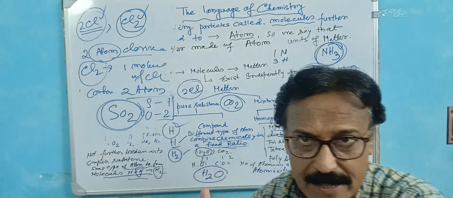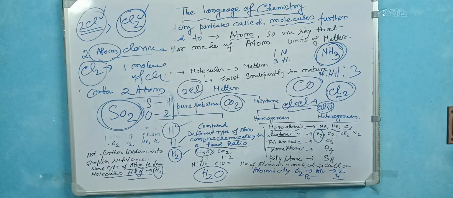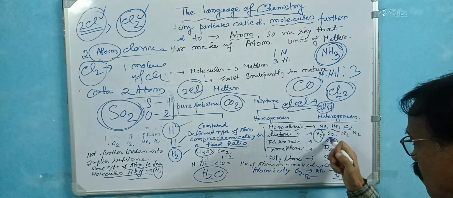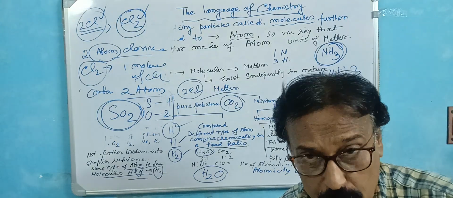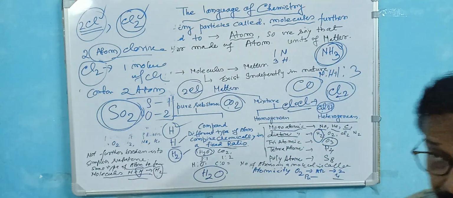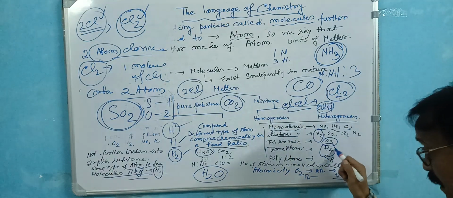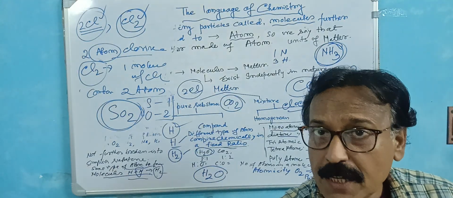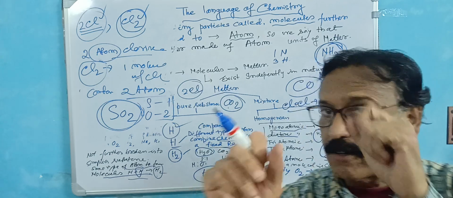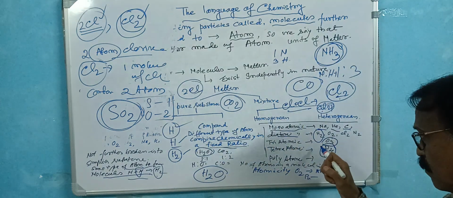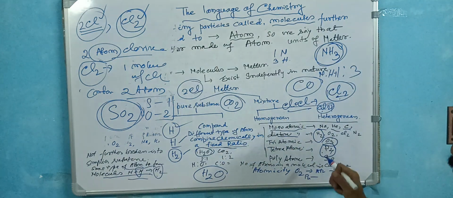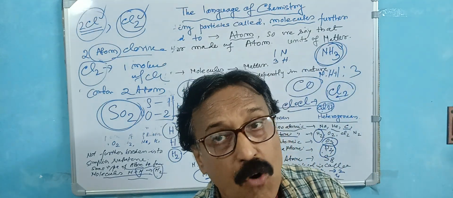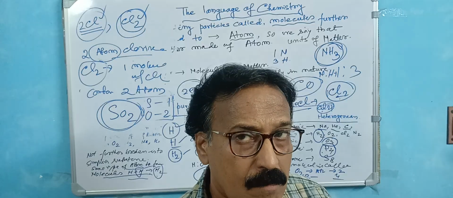2 atoms, diatomic. Triatomic means containing 3 atoms in a molecule. Ozone is 1 molecule, O3, but containing 3 atoms. Tetraatomic. Tetra means 4. That means one phosphorus molecule contains 4 atoms. 4 atoms combine to form one phosphorus molecule.